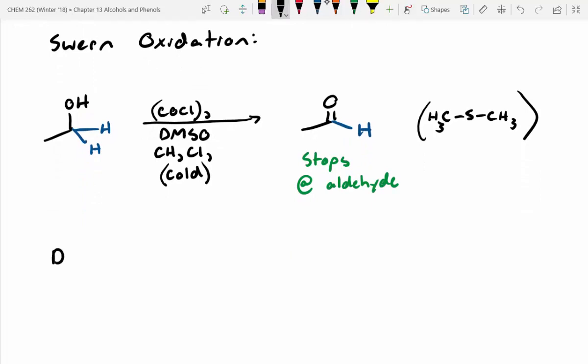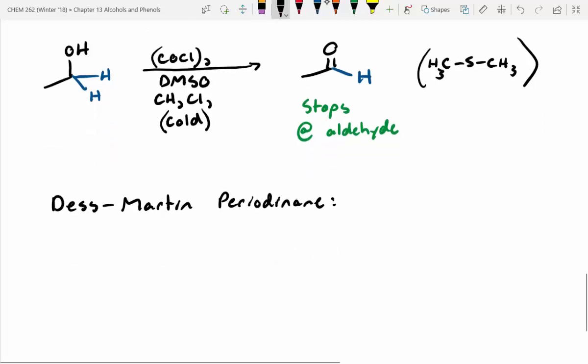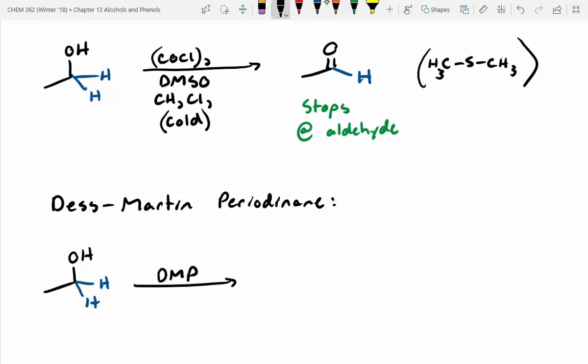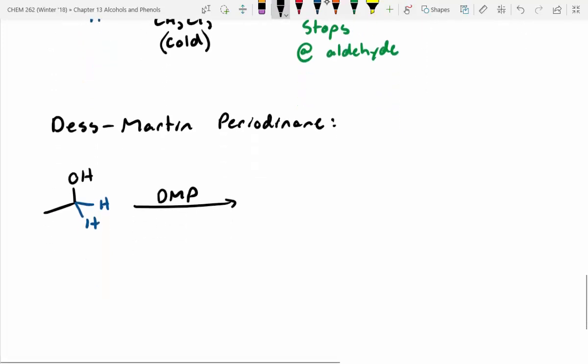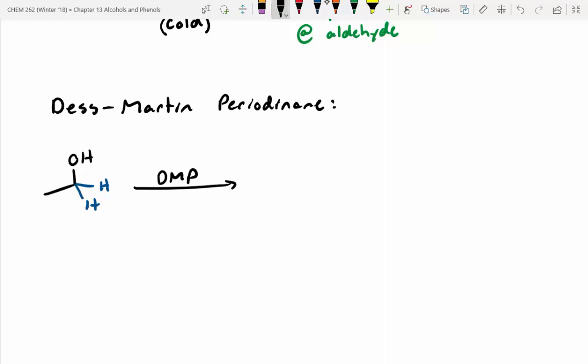The other one is called Dess-Martin periodinane. And again, if we look at this reaction, you can take a primary alcohol, react this with DMP, that's the abbreviation for Dess-Martin periodinane, and this will give you your aldehyde directly.